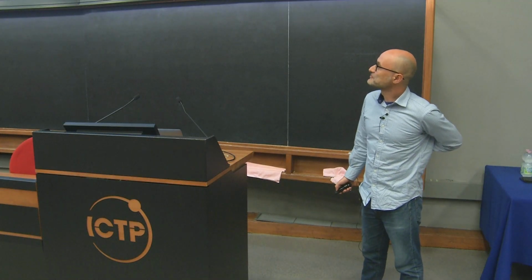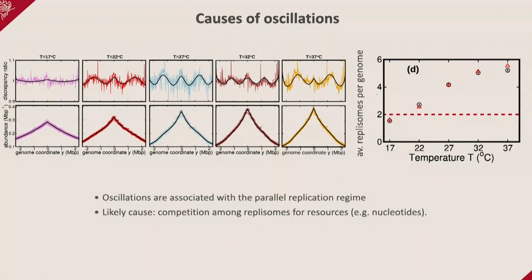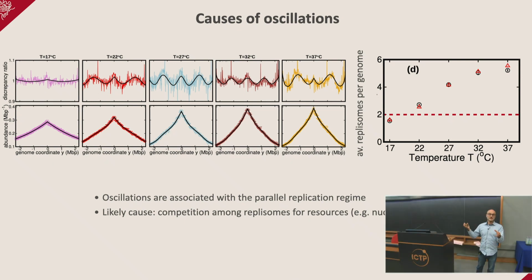So, of course, the question is now what are the causes of this? And our idea at the moment is that these oscillations might be caused by this multi-round replication. So you can imagine that if you are a replisome, you're traveling along the genome, and if you are in fast growth condition, at some point before you finish, another replisome will start replication.